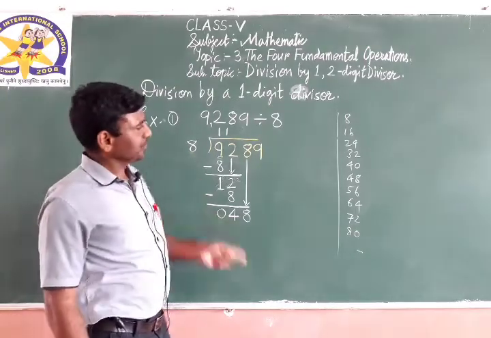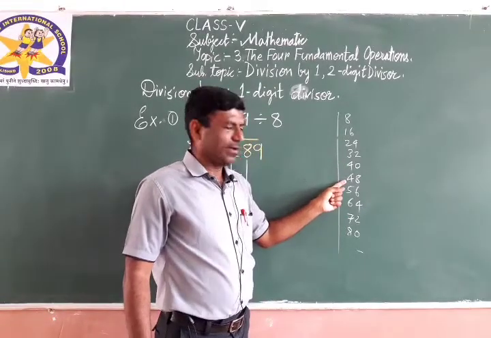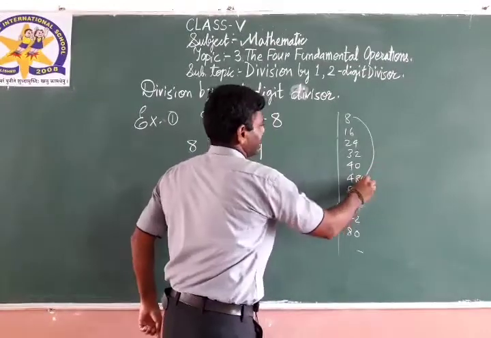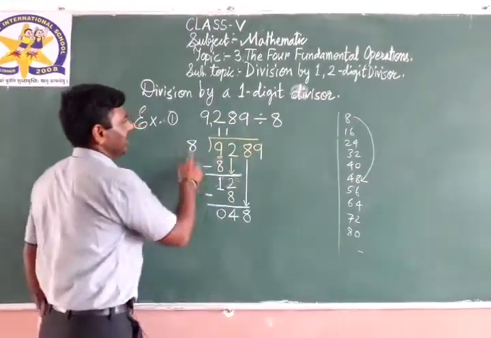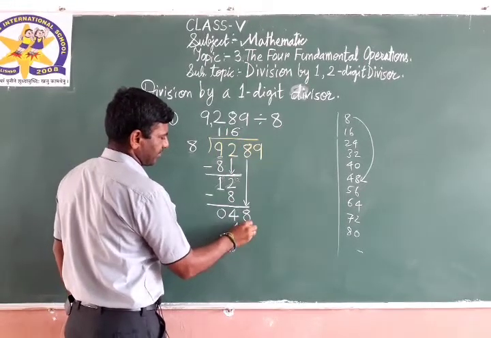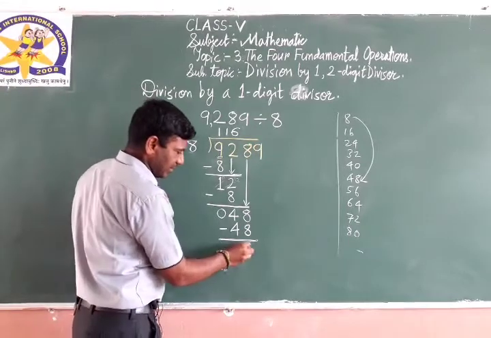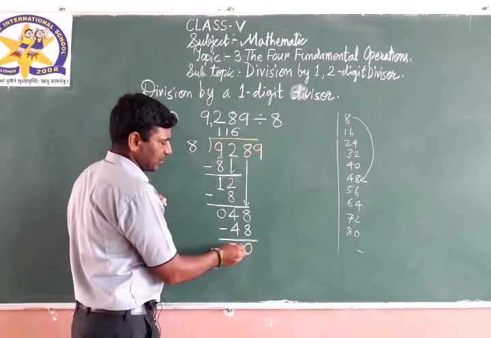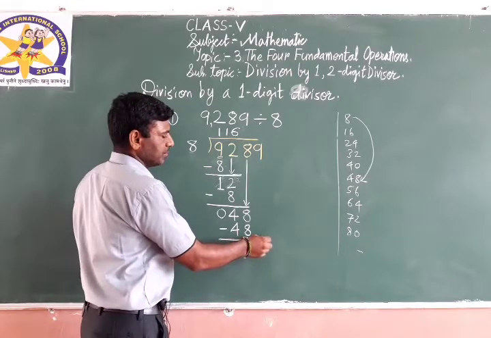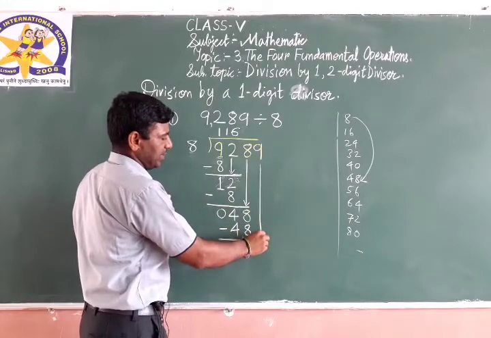Check. 8 ones are 8, 8 twos are 16, 8 threes are 24, 8 fours are 32, 8 fives are 40, 8 sixes are 48. 8 minus 8, 0. 4 minus 4, 0. Then we have 9. Put the 9 down.